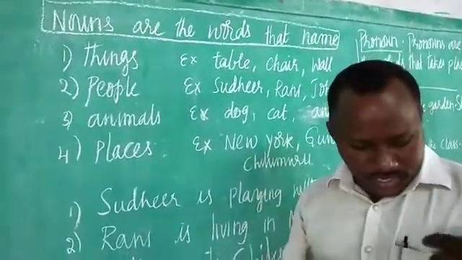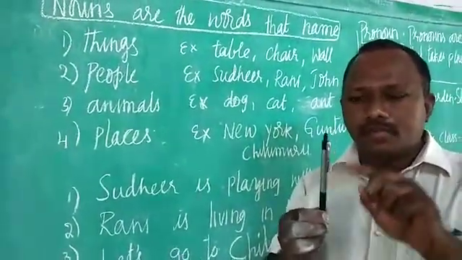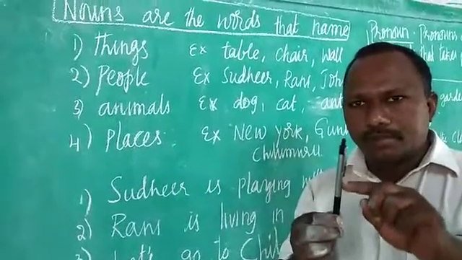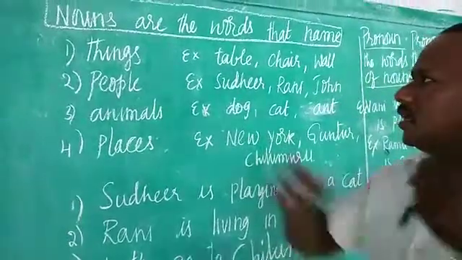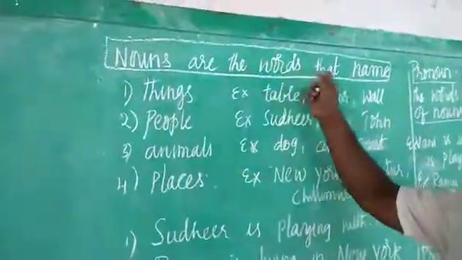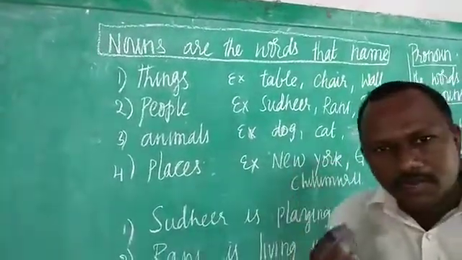If you take here, I'm giving the name to it as a pen. When you give name to it as a pen, that is called as a noun. So that means here, children, nouns are the words that name. When you give name to something, that we call it as a noun.